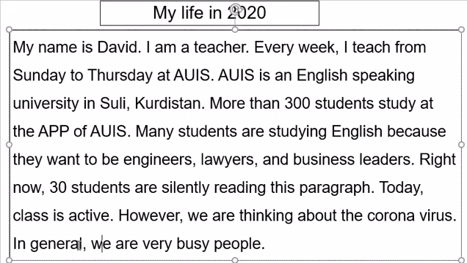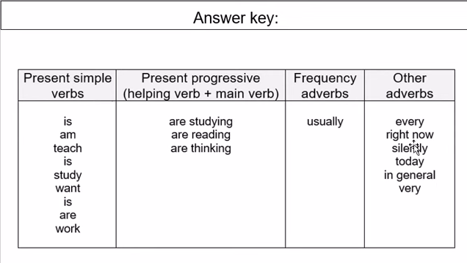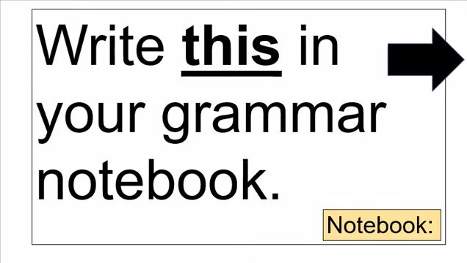Most of the students are busy, okay? So these are adverbs that you can use. In general is a phrase at the beginning of a sentence, okay? When you're talking about a group and you want to describe a group, you could say, in general, the students are happy, okay? All right, so you can write this in your grammar notebook.